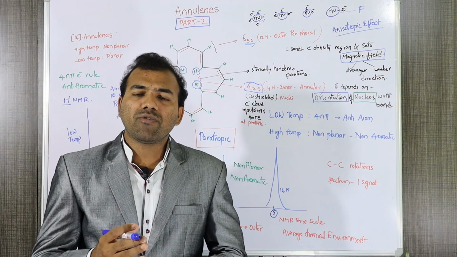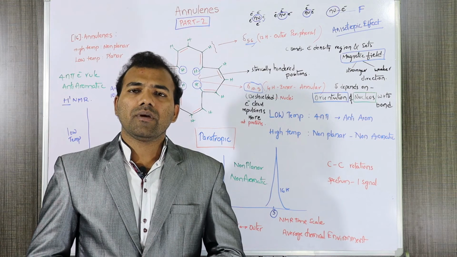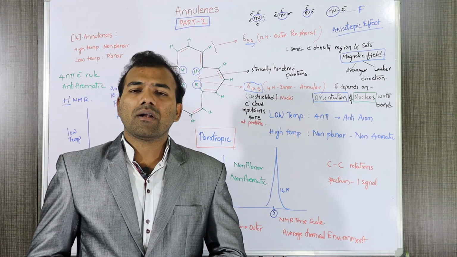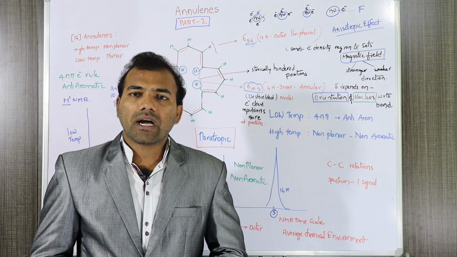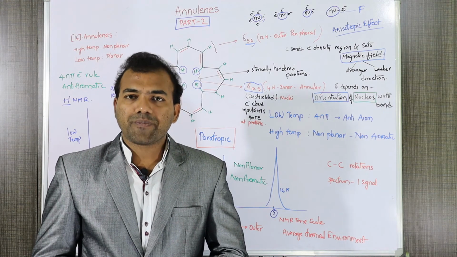If the chemical shift values of the annular hydrogens are more, then we call it paratropic anisotropy, and those compounds are anti-aromatic in nature.